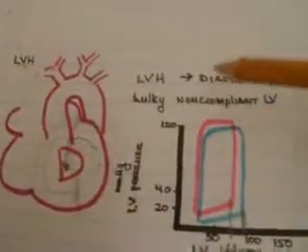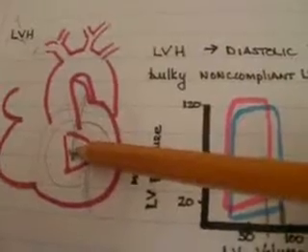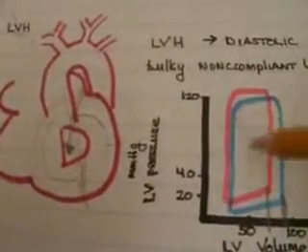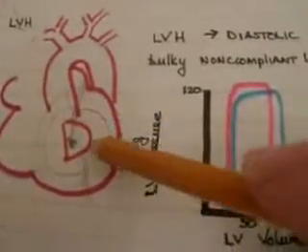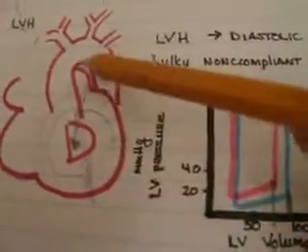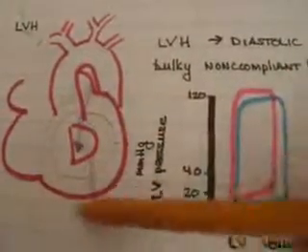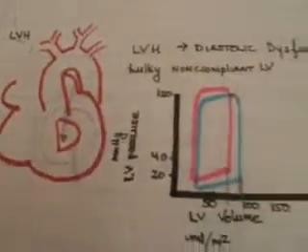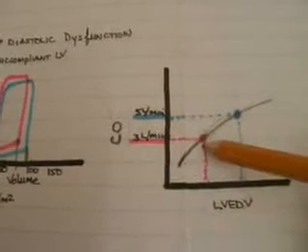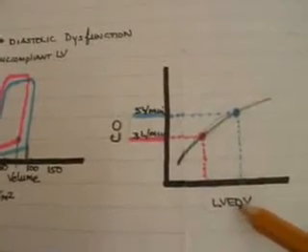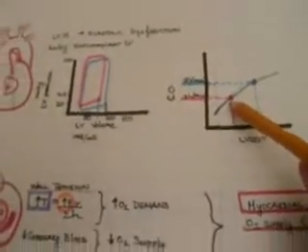So your preload is going to be decreased, although the left ventricular end diastolic pressure is going to be increased compared to a normal healthy left ventricle. Therefore, you're going to have a decreased cardiac output and an increase in left ventricular end diastolic pressure for a heart that's going through diastolic dysfunction.